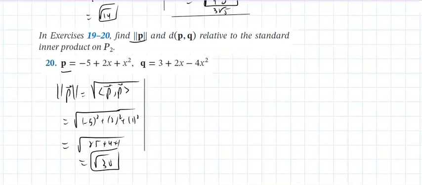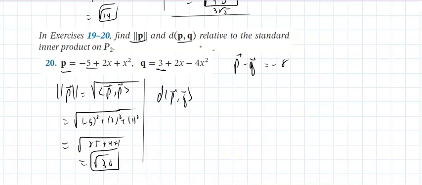And then they ask for, find the distance from p to q. Well, to do that, I need to figure out what p minus q is. And again, how do you do that? You look at the components. If you combine those, wouldn't that be negative 5 minus 3? That's negative 8.